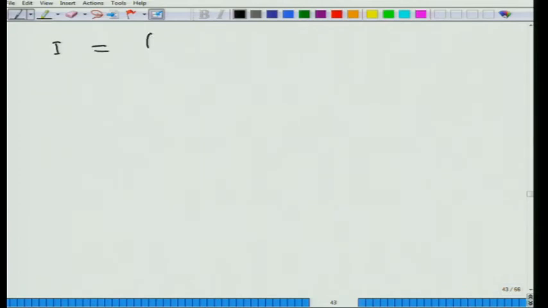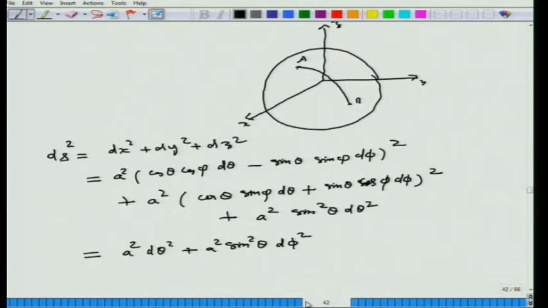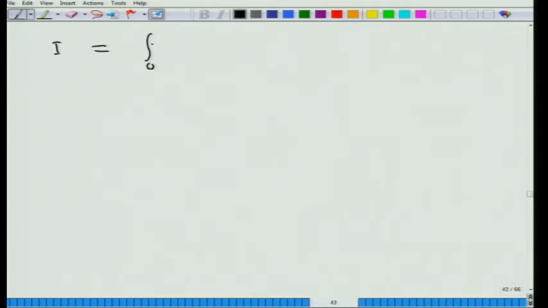Here, the independent variable we will take as theta, with phi as a function of theta, and so we will have the square root of 1 plus a sin square theta, times d phi over d theta square, d theta.